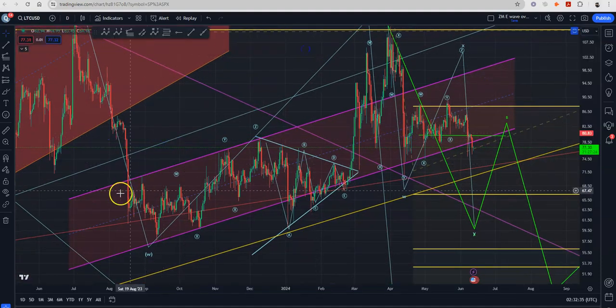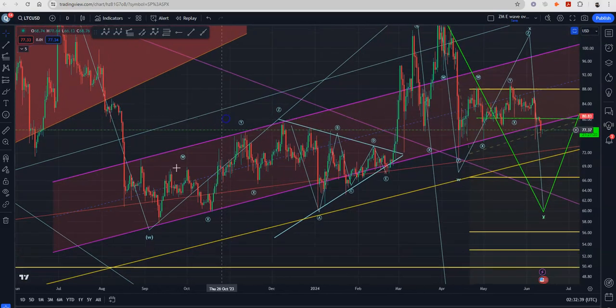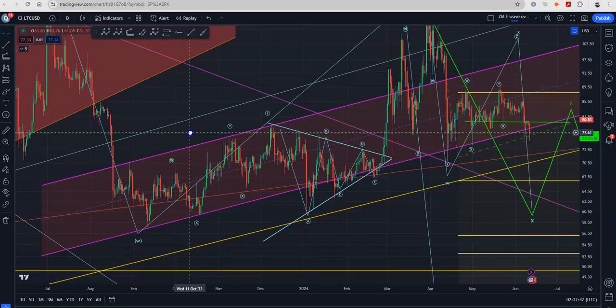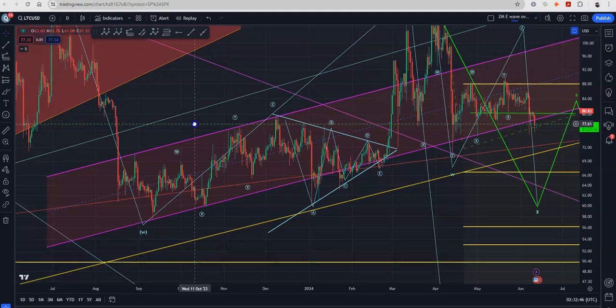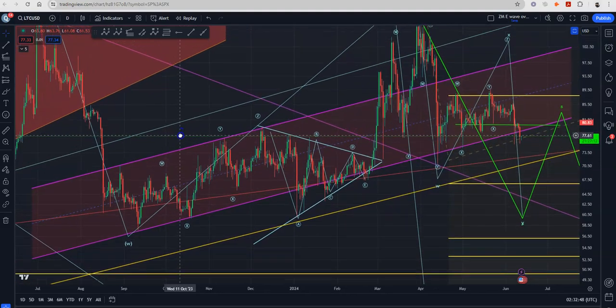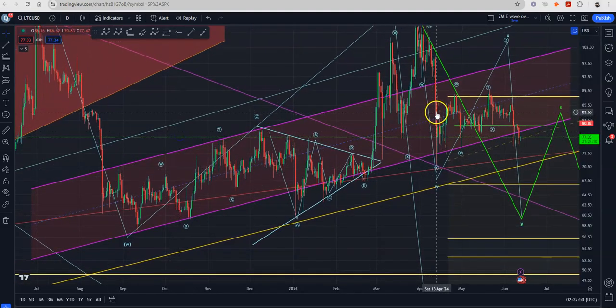So yeah, this uptrend here, this rising channel, usually the rising channels tend to break down. We can distinguish it by what they call a Wyckoff channel. Here we have a downtrend.